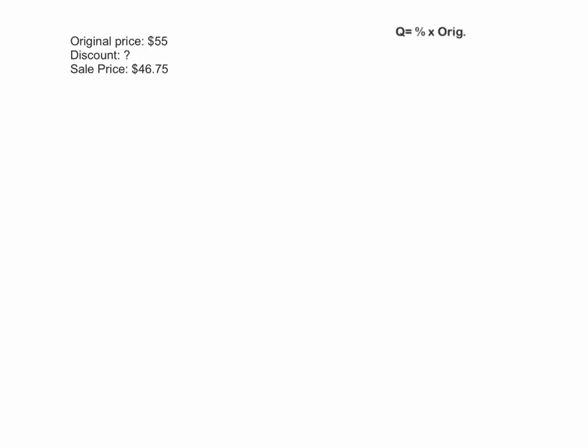You want to take the $46.75, which is the sale price. That's going to take the place of the Q in this equation. So $46.75 equals the percent, that's what we need to find and don't have, so we'll just call that P, and you're going to multiply that by the original, which is, in this case, 55.